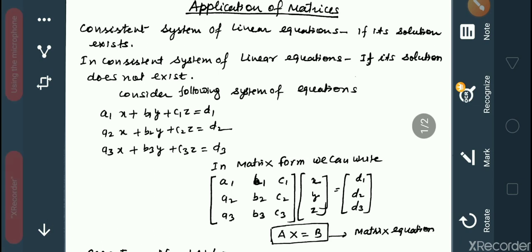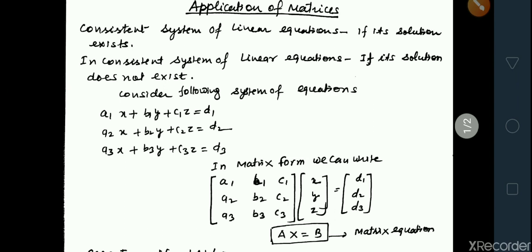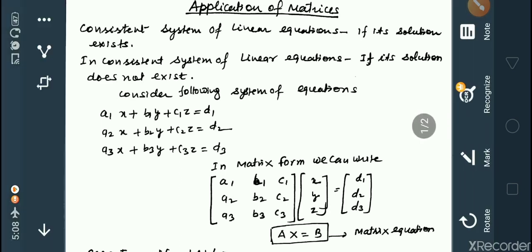In a consistent system, there will exist 2 kinds of solutions: one is infinitely many solutions, and the other is a unique solution. And in an inconsistent system, there is no solution, meaning there does not exist any solution. So these are your types of solutions.